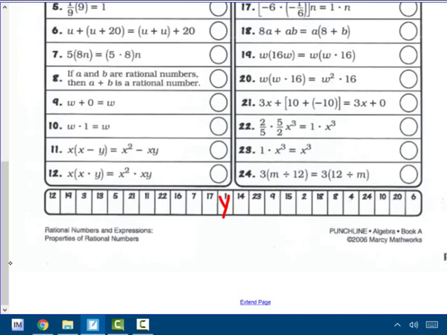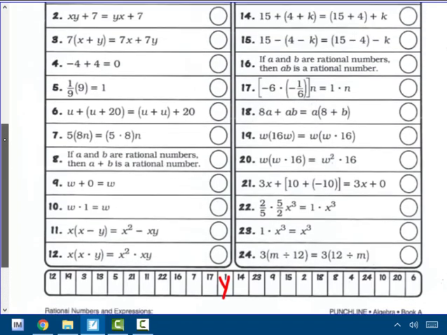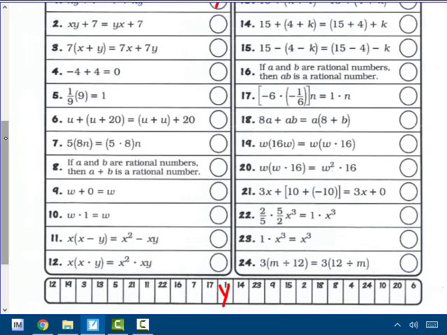There's a couple others that I want to do with you. And one of them is number 8. If A and B are rational numbers, so they could be decimals, fractions, integers, whole, positive, negative. So they're rational numbers. Remember that set Q that we're talking about?